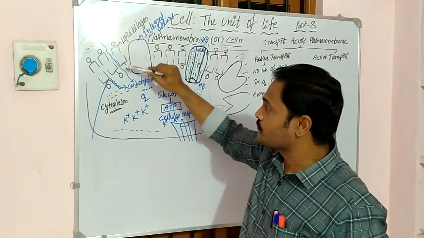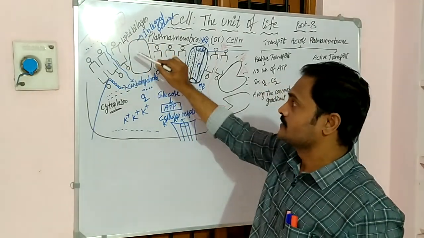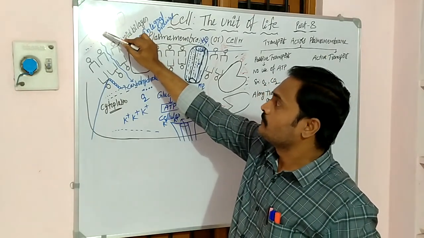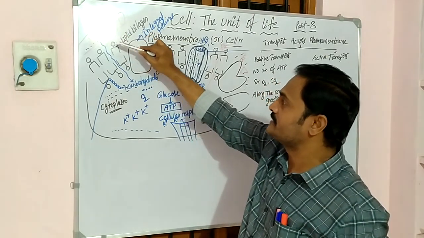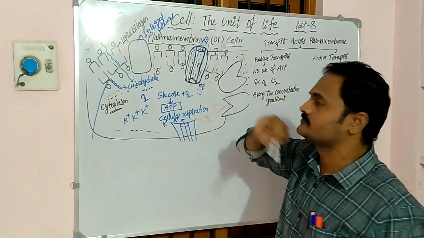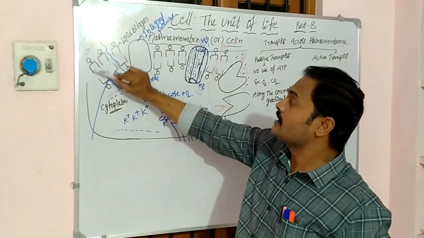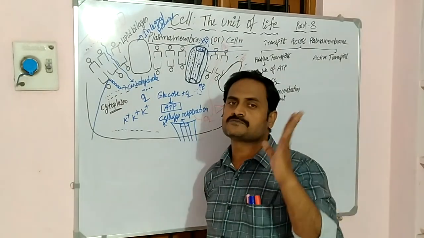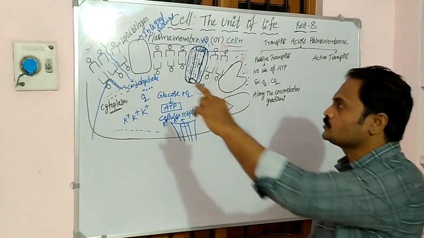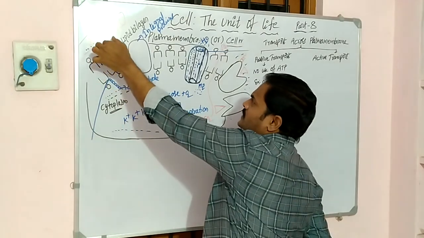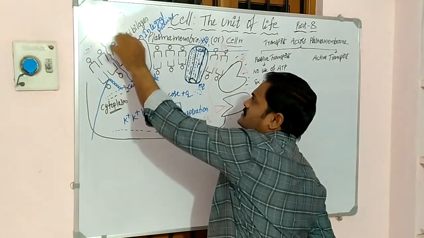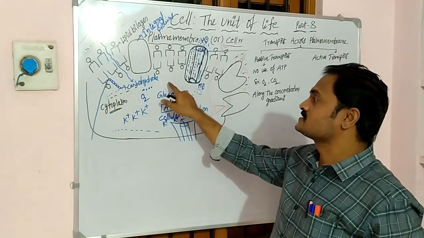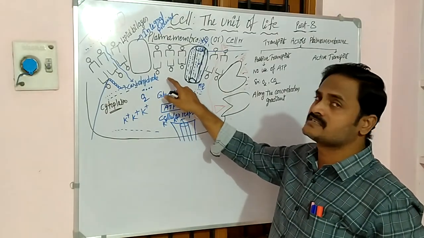In this kind of process through the plasma membrane, when high concentration oxygen passes from the blood into the inside of the cell through the plasma membrane, this process is called osmosis. Remember, through the osmosis process, the high concentration oxygen molecules enter into the low concentration area present in the cell.